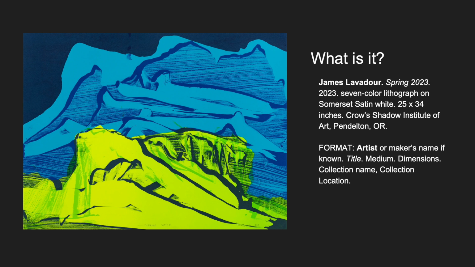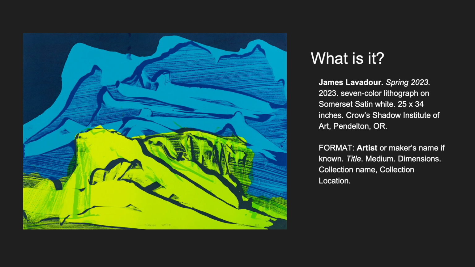So we have the artist's name. We always start with the artist's name if you know it. If you don't know it, it is okay. Or the collection that you're getting the image from will say unknown artist or maker, or currently unknown artist, something along those lines. It's okay if you don't know who made your object.